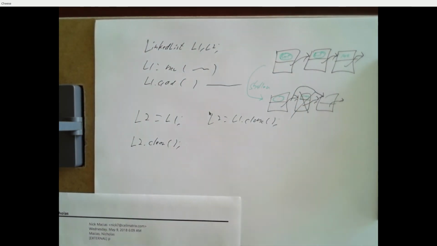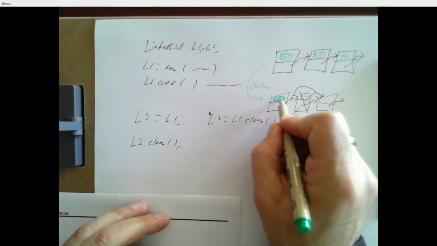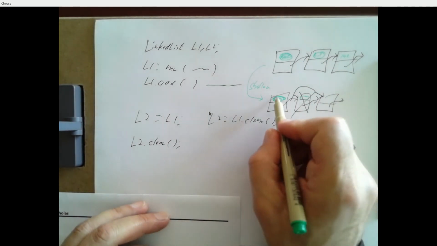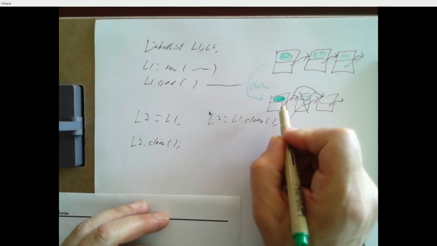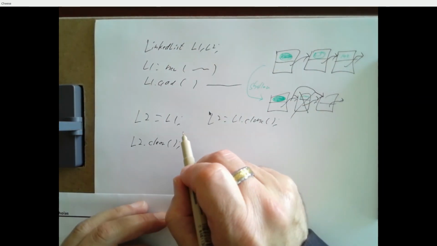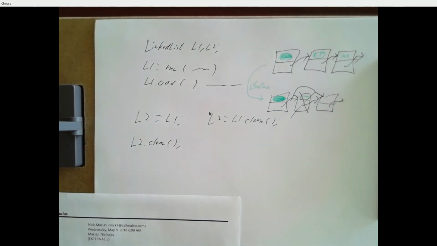But it's not a deep copy in the sense that I don't have a new version of my rectangle here. This rectangle and this rectangle are the same. So if I do something like change the dimensions on this rectangle, the dimensions of this rectangle also change. So it's a copy of the linked list, but the data in the linked list is really just another reference to the same thing.